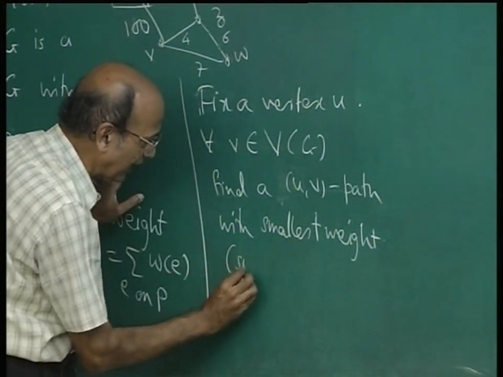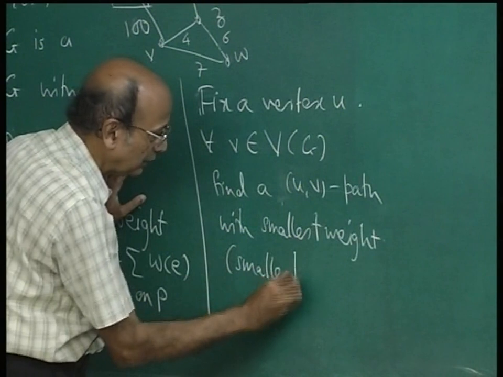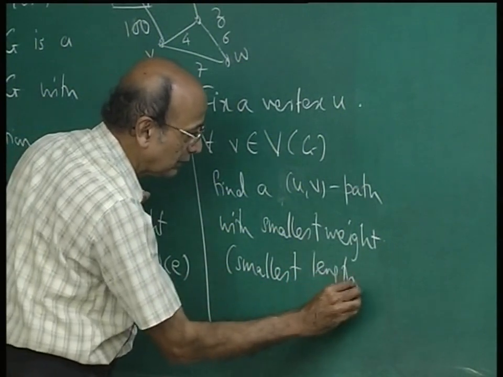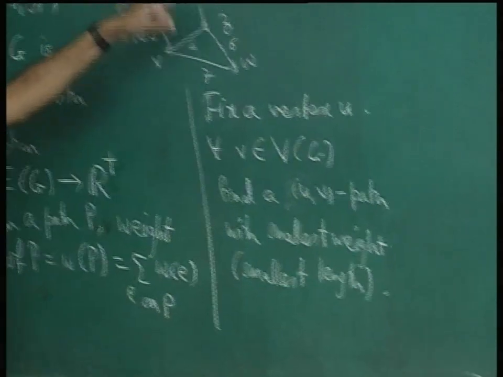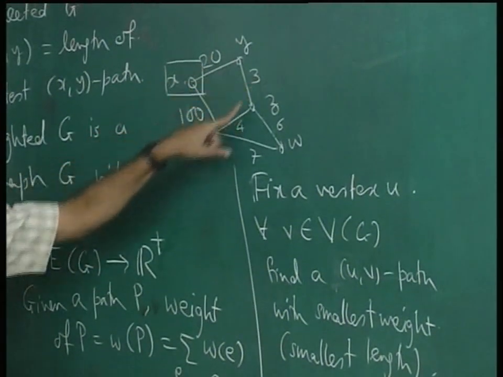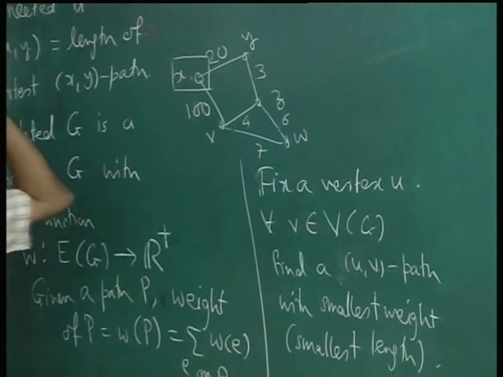Smallest weight, smallest length, same thing. Yeah, the length here is to be interpreted as 20 plus 3 plus 4. Okay, so the length is 27.